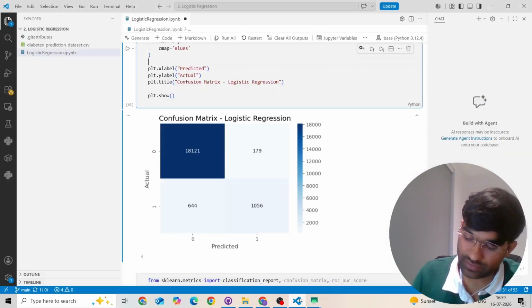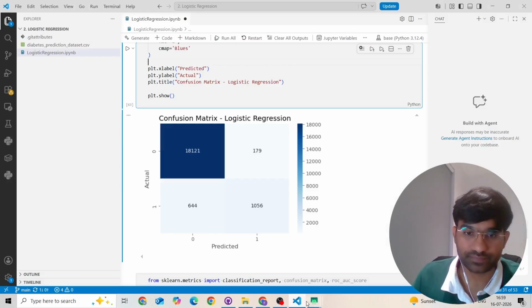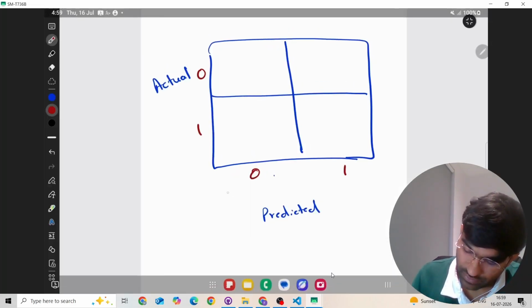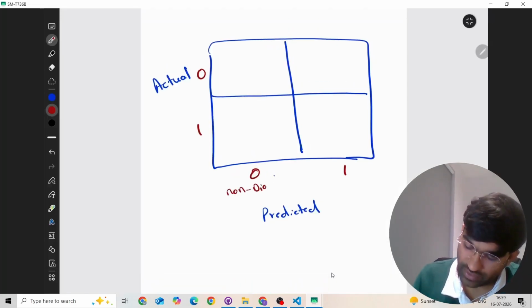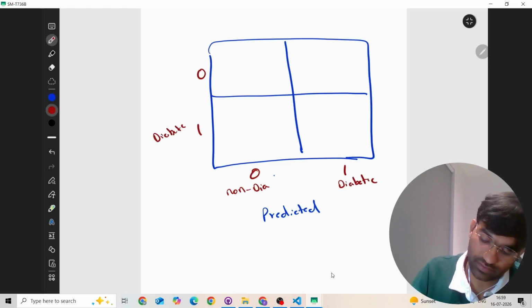This is 0, this is 1, this is 1 and this is 0. 0 is non-diabetic, 1 is diabetic. 1 is diabetic, 0 is non-diabetic.